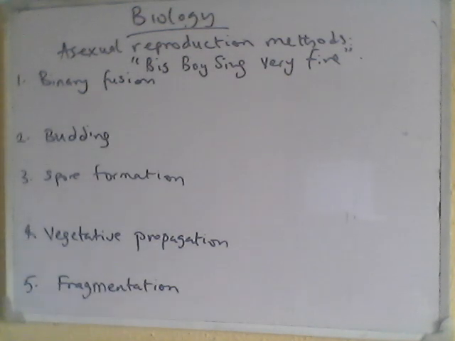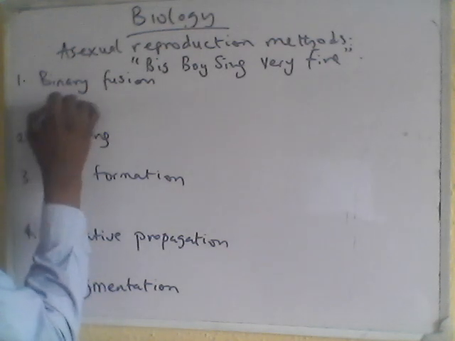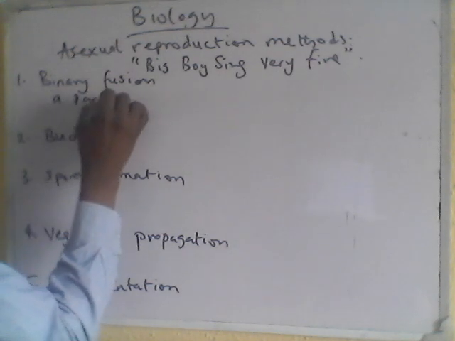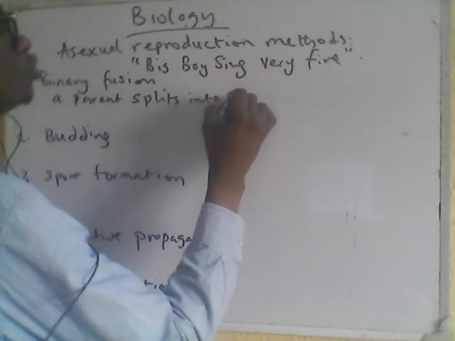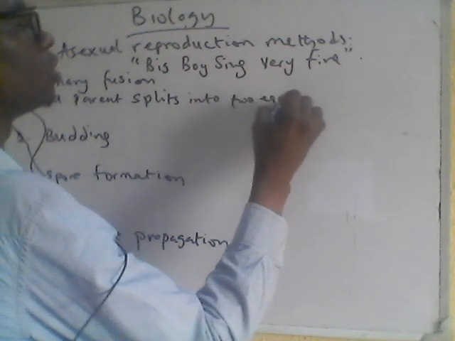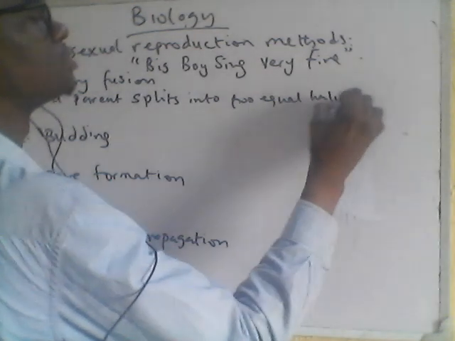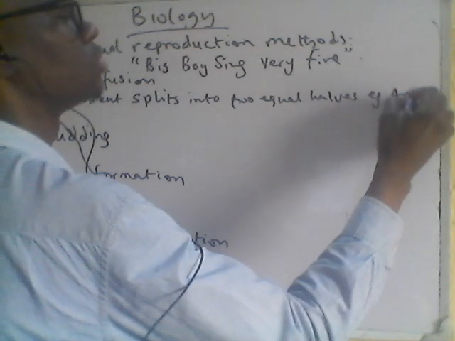So what are these methods? For binary fission, a parent splits into 2 equal halves, e.g. amoeba.